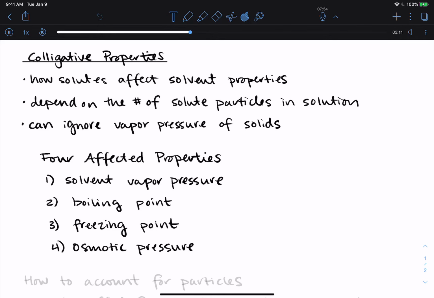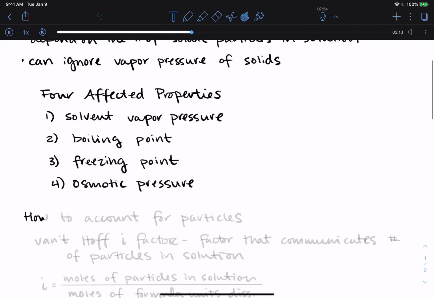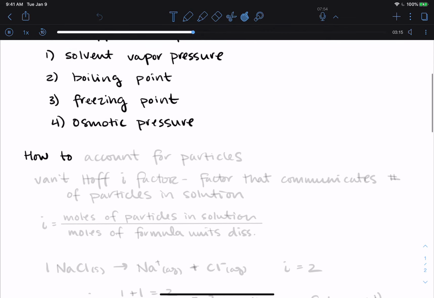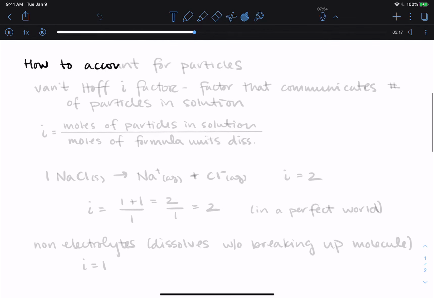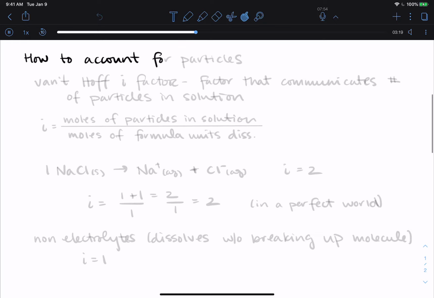So the way that we account for those extra particles is with something called the Van't Hoff i factor.